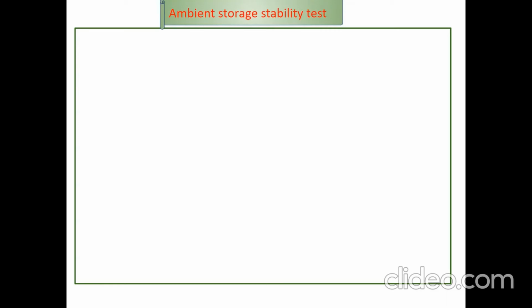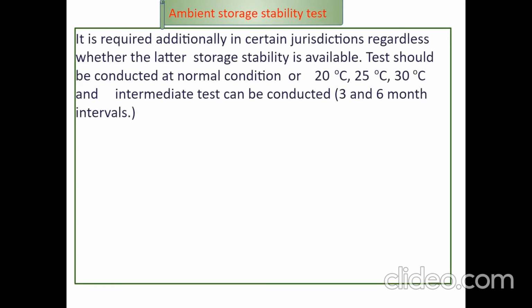It is also known as the 2-year storage stability test. It is required additionally in certain jurisdictions regardless of whether the latter storage stability test is available. The test should be conducted at normal conditions or at a temperature of 20 degrees Celsius, 25 or 30 degrees Celsius.